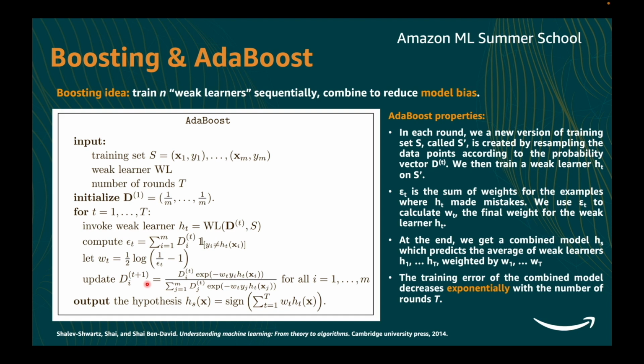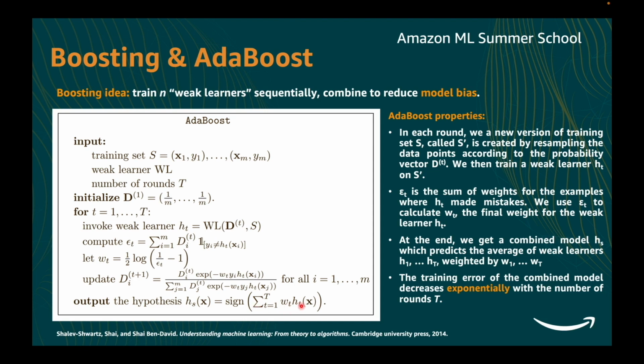So finally, suppose you've done this whole process, you've completed t rounds, and you've gotten t versions of this classifier and t corresponding weights. The final hypothesis, the final output model, is just going to be a simple combination of those. You take each model from the weak learner at each round, you multiply it by the respective weight which was calculated on the training set, and you just sum those up.